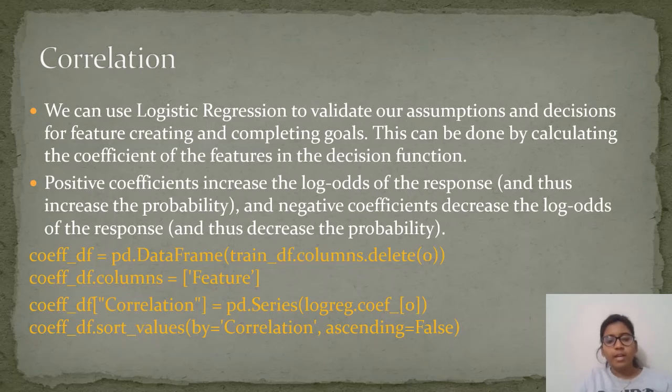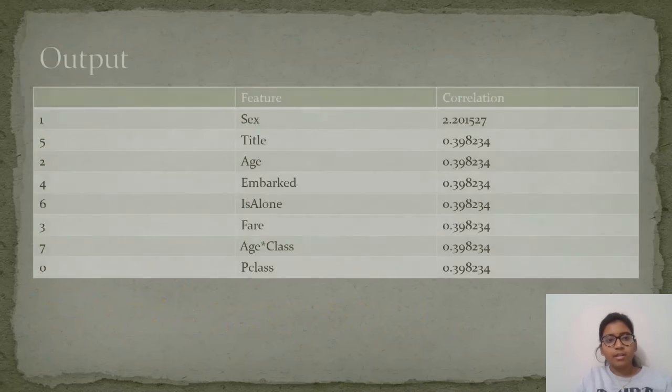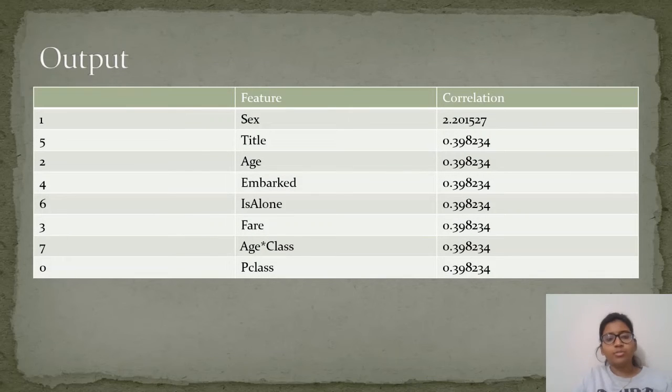And this is the example of our correlation function, and these are the outputs for correlations. In this we are taking different features like sex, title, age, embarked, is alone, fare, age class, Pclass, and these are the correlations of our features.